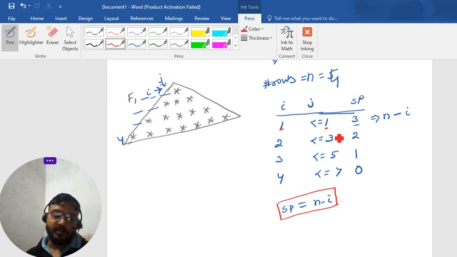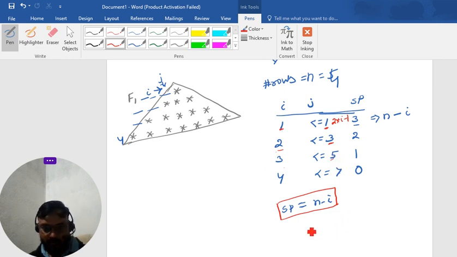In case of 2, this is 3. If you remember, if I make this 2 into I minus 1, what is this? 2 into I, what is the I? 1. 2 into 1 minus 1 is 1. Then 2 into 2 minus 1 for the second row is 4 minus 1, 3. 2 into 3 minus 1 is 6 minus 1, 5.